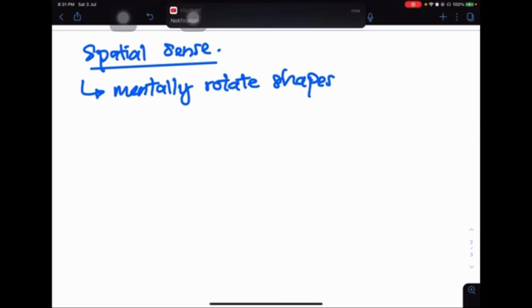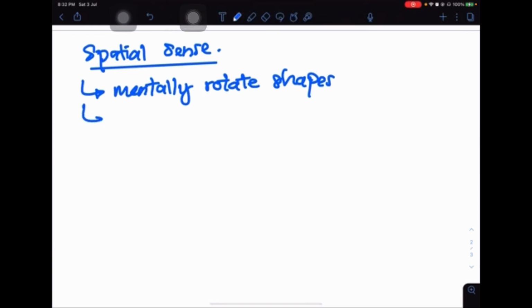Then there is spatial perception, where students are able to notice how shapes would look if you cut them at different angles.